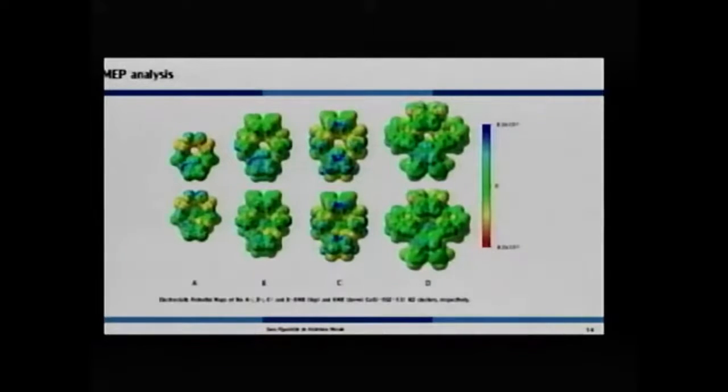To understand why size 5 was better than 6, we did an analysis of electrostatic potential maps, and we observed that the C cluster has an increased polarization at the zeolite.